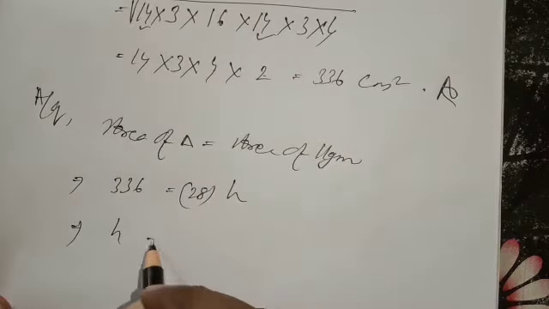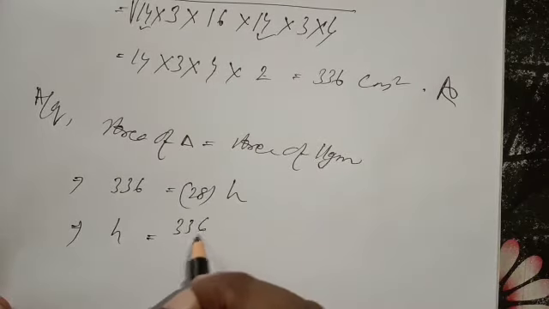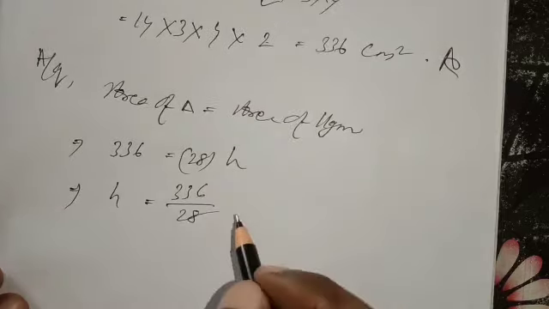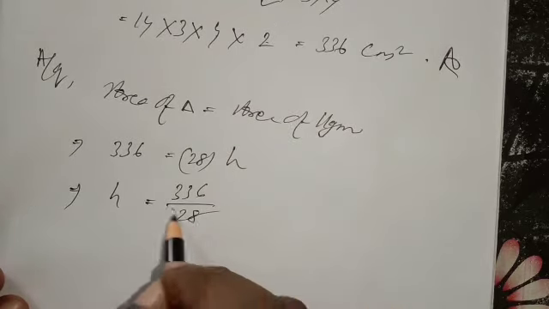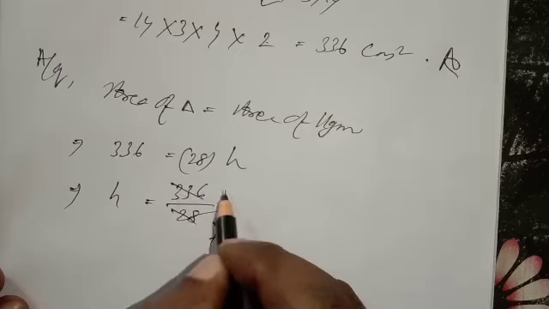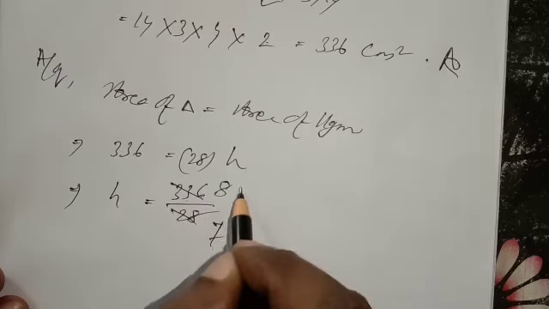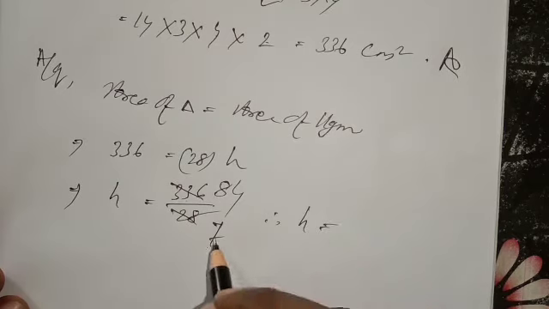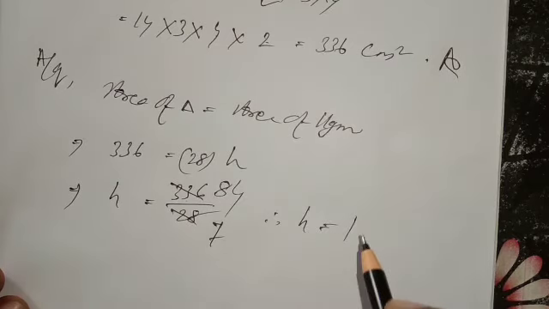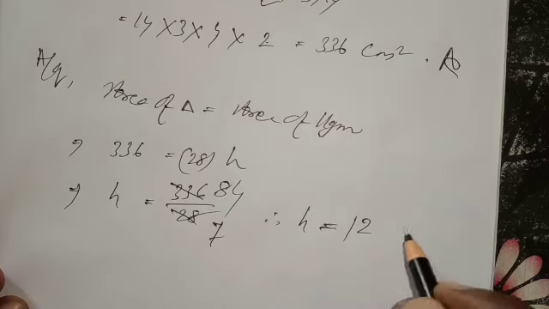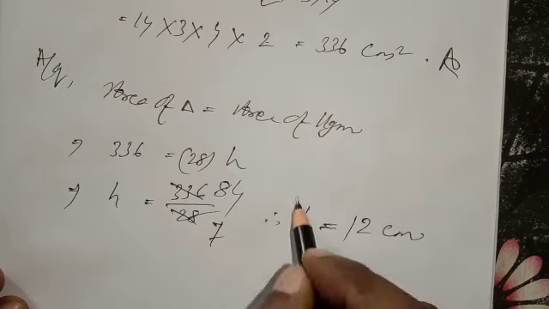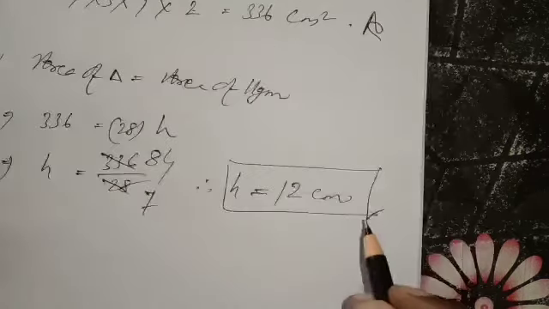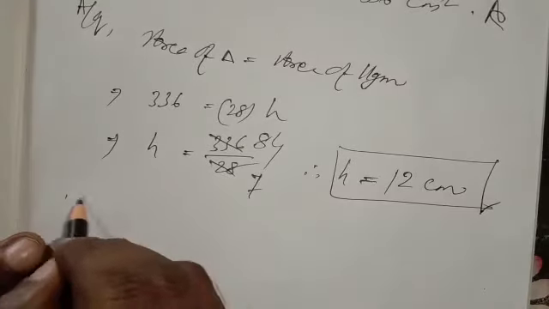Therefore, h, height of the parallelogram, will be 336 by 28. It will go by 4. 4 7 is 28. 4 8 is 32. 4 4 is 16. Therefore, h will be 84 by 7. That means 7 1 is 7. 7 2 is 14. 12 centimeter.